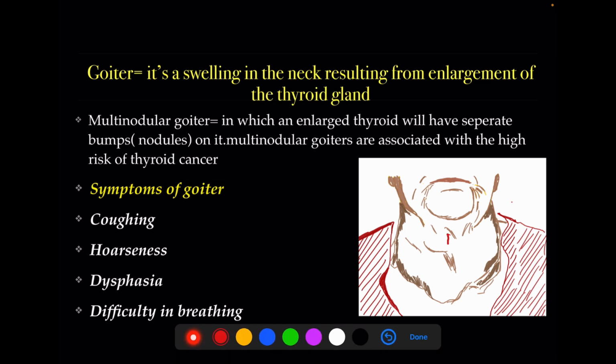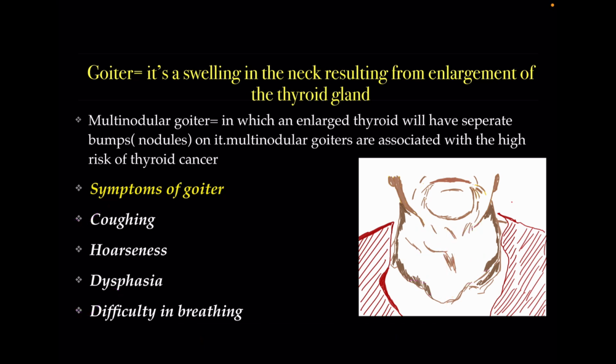As you can see here, the larynx and some other passageway, and due to its huge mass, it can put force on the passageway and create irritation, and coughing occurs, or it can create difficulty in breathing also, at this point and this point.